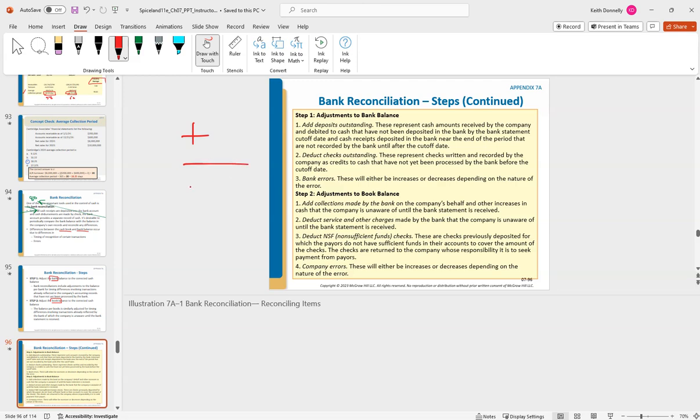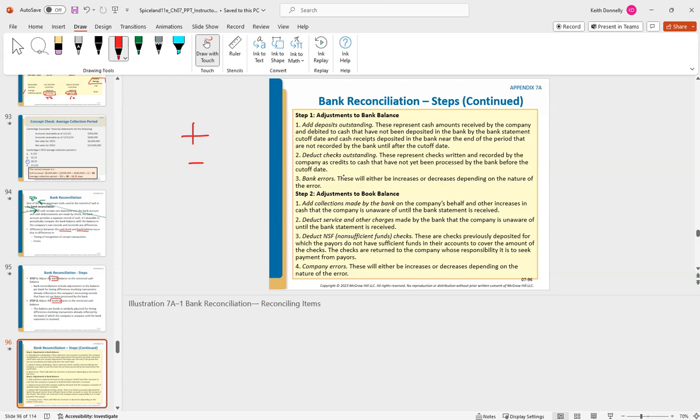Likewise, we're going to deduct any checks outstanding. These are checks that we have written. We give somebody a check, and we've accounted for it as credits to cash that have not yet been processed by the bank before the cutoff date.